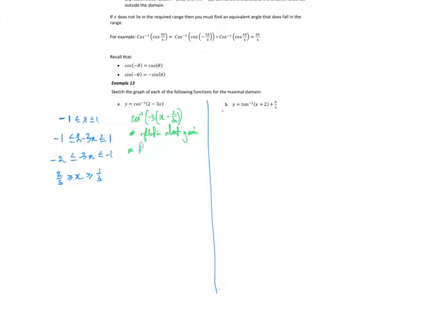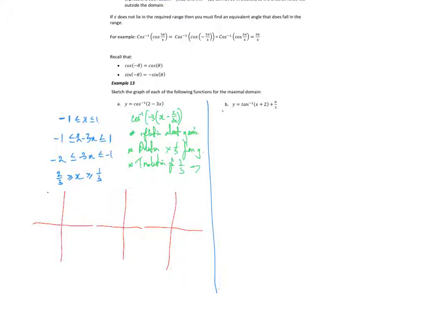We have a dilation by 1/3 from the y-axis. And then we also have the translation of 2/3 to the right. So let's do 3 separate little graphs here just to practice our transformations.